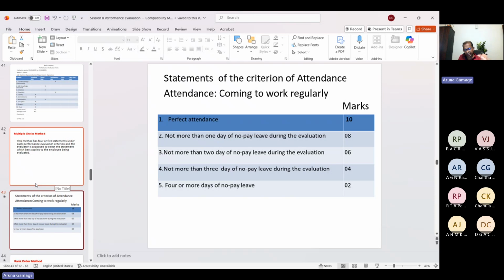The evaluation form becomes bulky, 500 statements. Do you think evaluators are happy to fill lengthy forms? No. So many people do not like it.